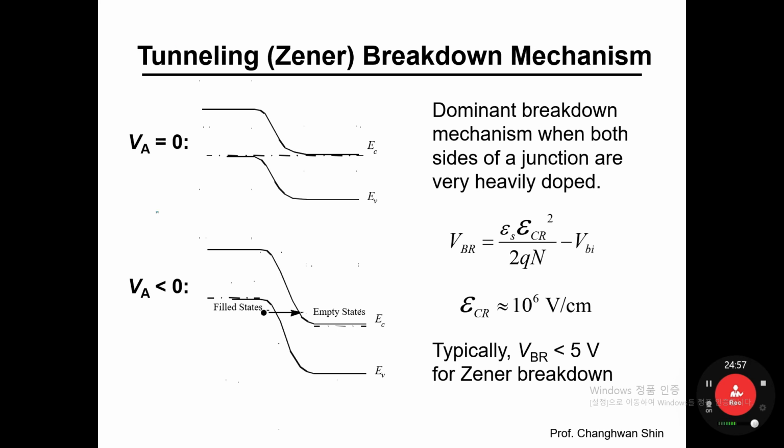So herein, under thermal equilibrium, the p-n junction diode's energy band diagram has been drawn.